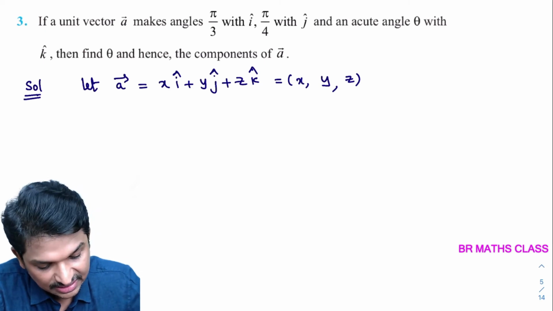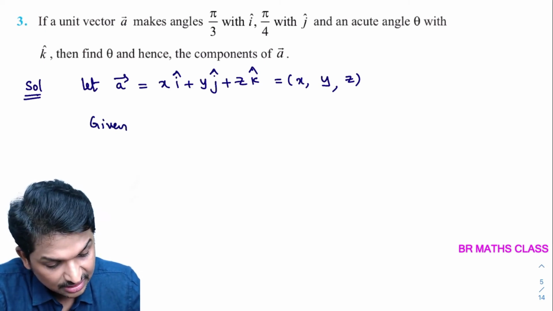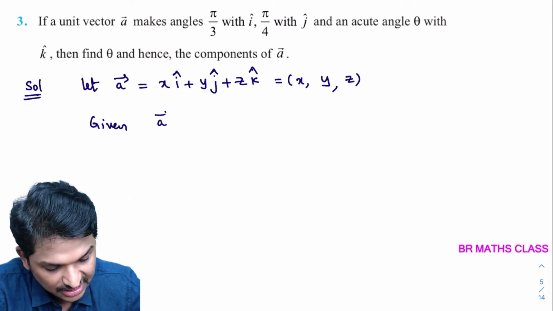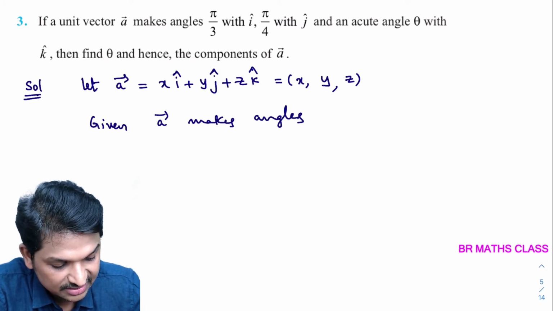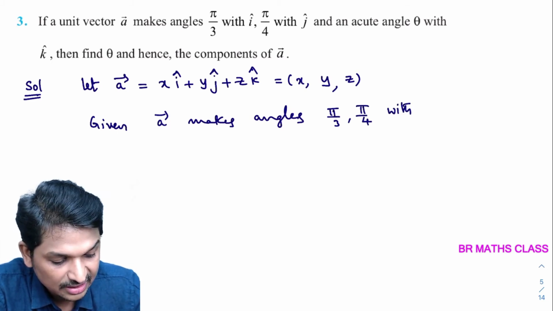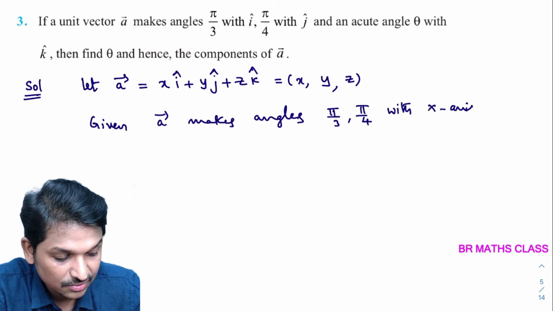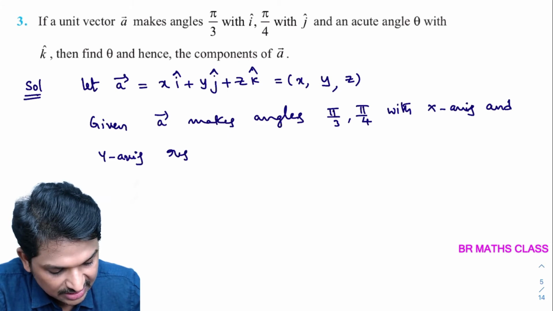What I'll write here: given A bar makes angles pi by 3, pi by 4 with x axis and y axis respectively.